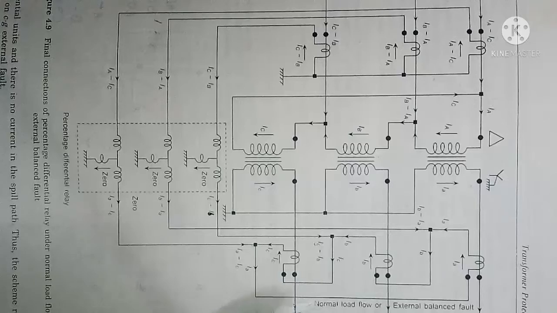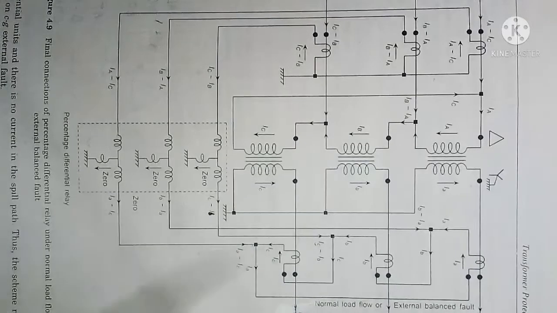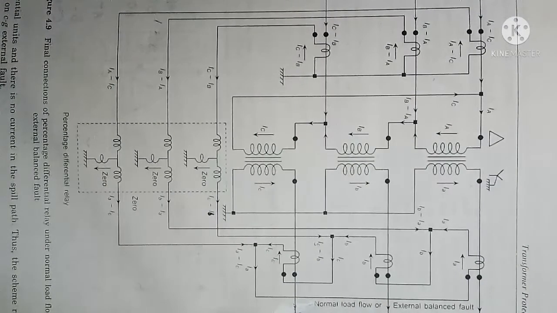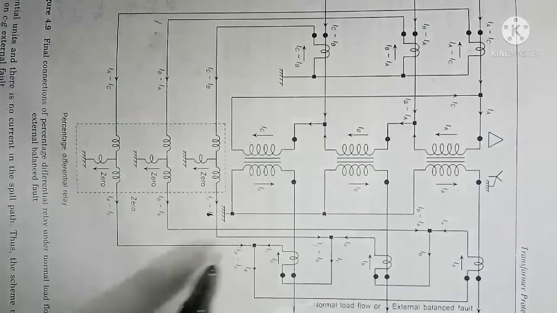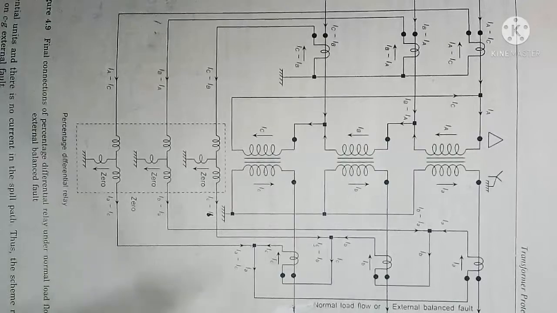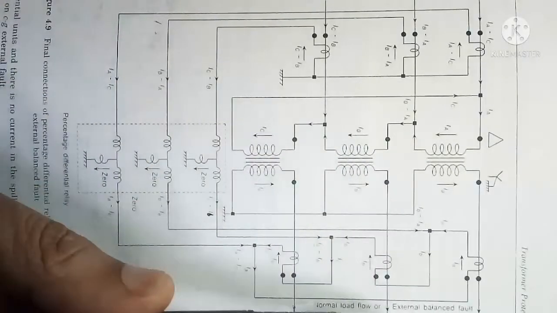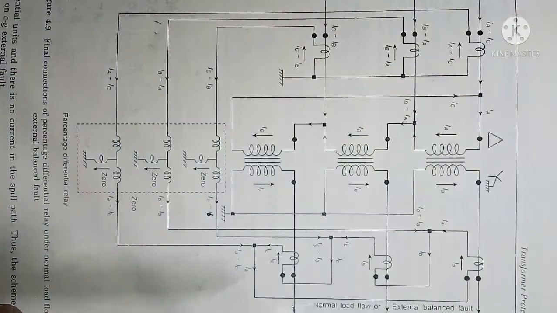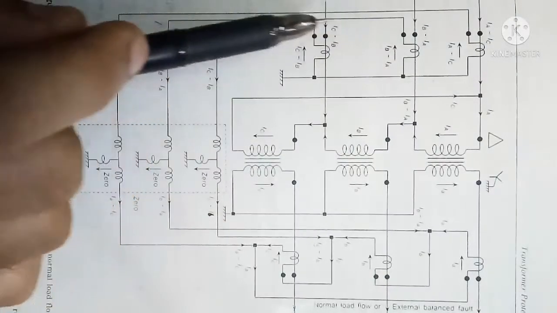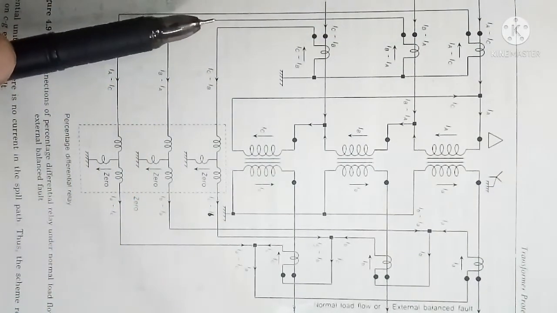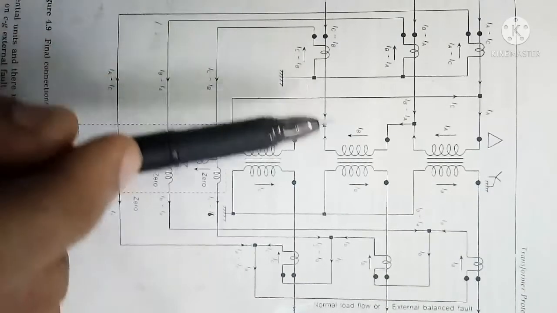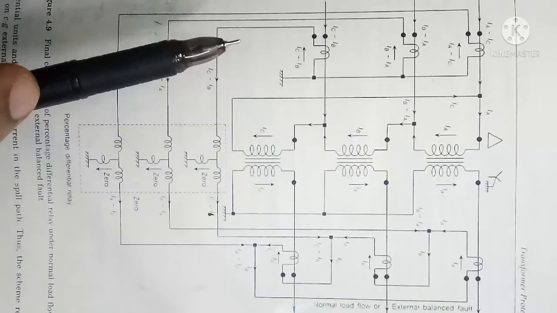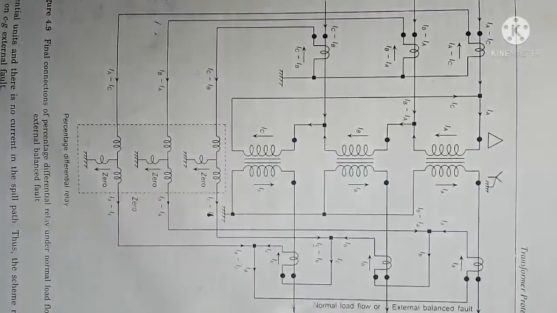When normal load flow is there or an external balanced fault is there, then the currents flowing in the lines of CT secondaries on the secondary side of the power transformer and the currents flowing through the lines of CTs on the primary side of the power transformer will be equal.